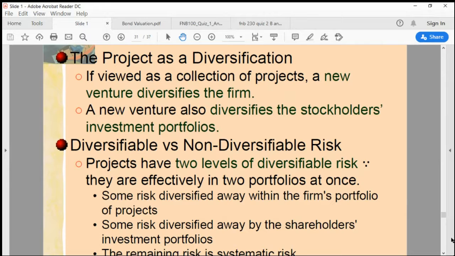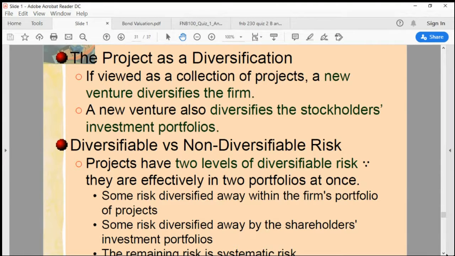Elon Musk is the chairperson of the holding company that has invested in all these three companies, right? So basically, a company is a collection of a diversified portfolio, right?